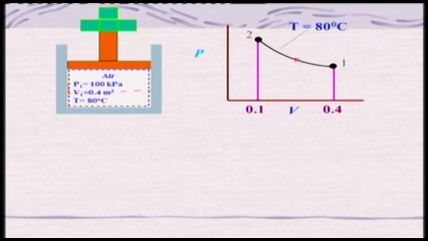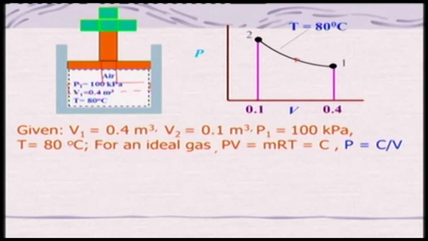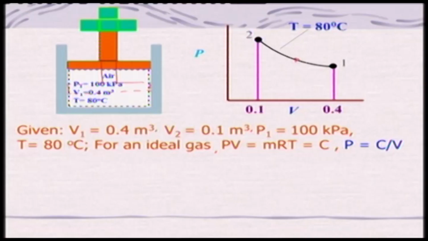This is your station 2. So we need to find out the work done. V1 is given as 0.4 meter cube, V2 is 0.1 meter cube, P1 is 100 kPa and temperature 80 degrees Celsius.